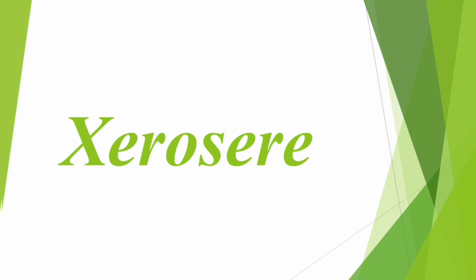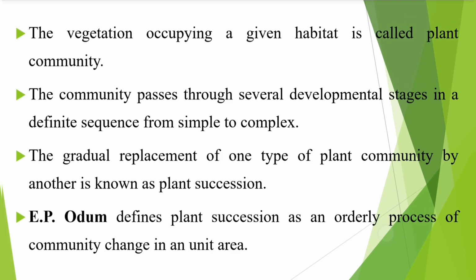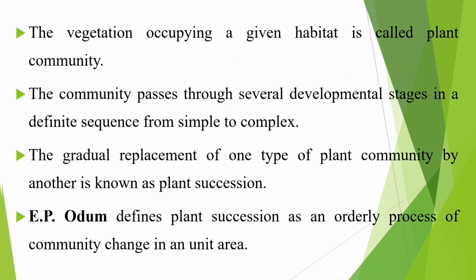So in this video we will discuss the detailed steps of Xerosere. Xerosere is a type of succession. The vegetation occupying a given habitat, meaning the species that live there, is called a plant community.